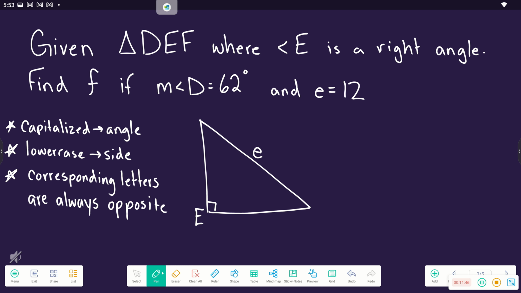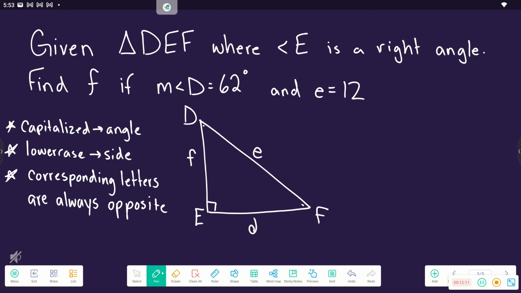My other ones we can kind of just fill in. So say this is D, and this is F. Now we just have to be careful of where we put our sides. If this is angle D, my opposite side is my lowercase d. This is angle F. My opposite side is lowercase f.